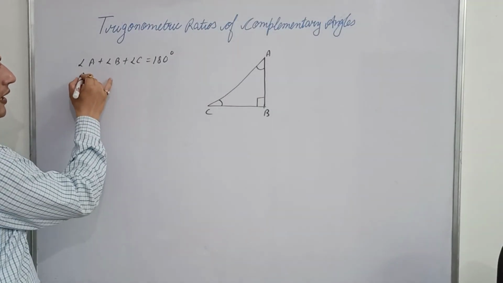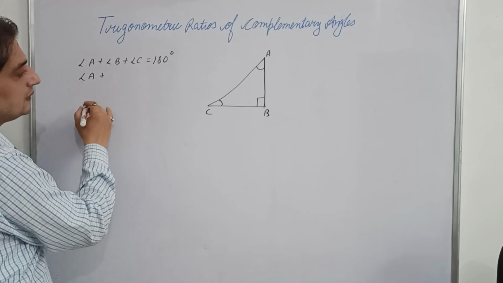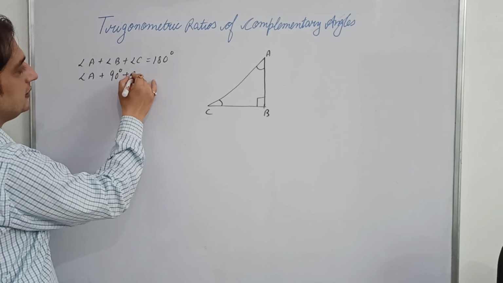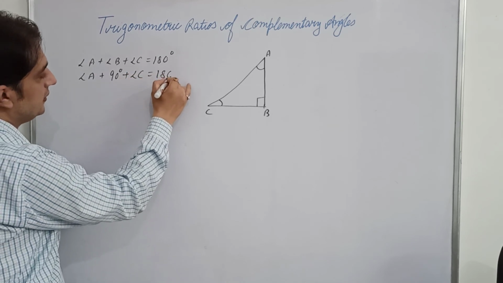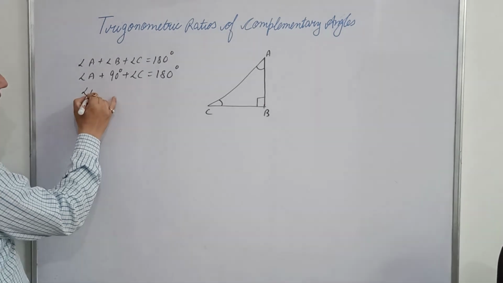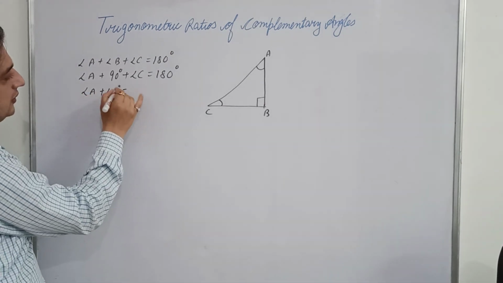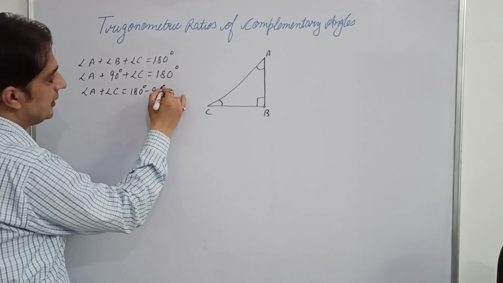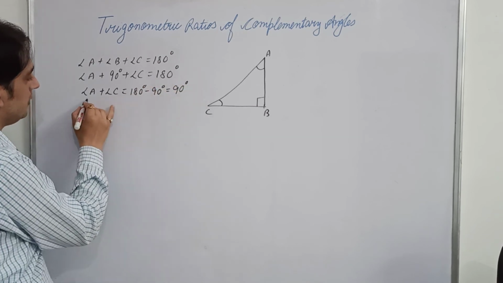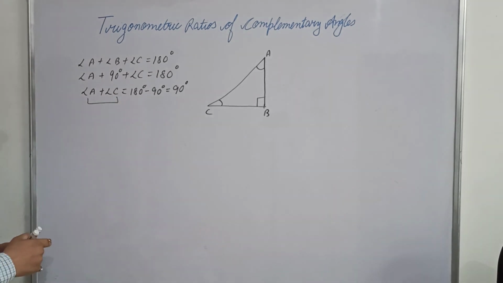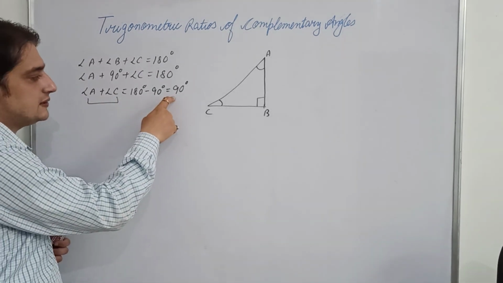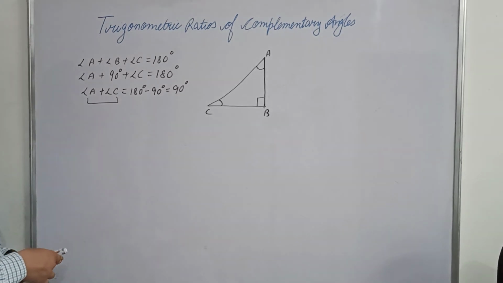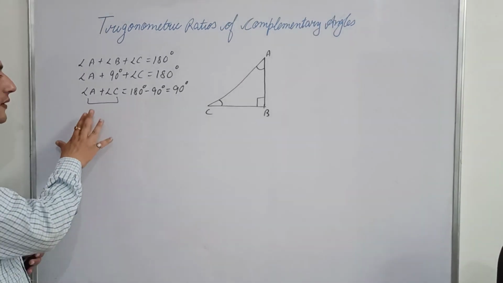Angle B is 90 degree, so transposing this 90 degree to the right hand side, angle A plus angle C is 180 degree minus 90 degree, that is 90 degree. Means the sum of the two acute angles is equal to 90 degree, and these two angles are complementary angles, right?